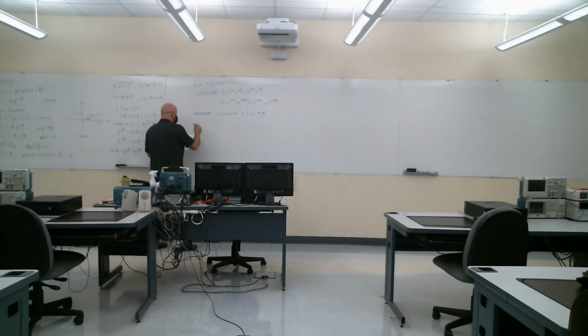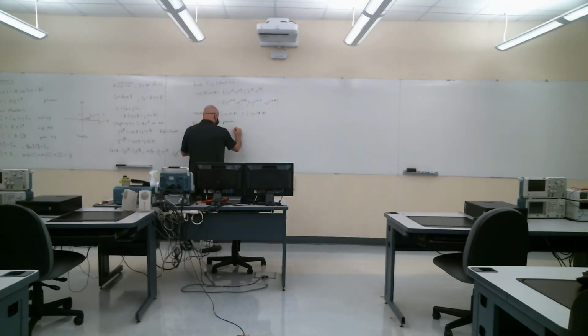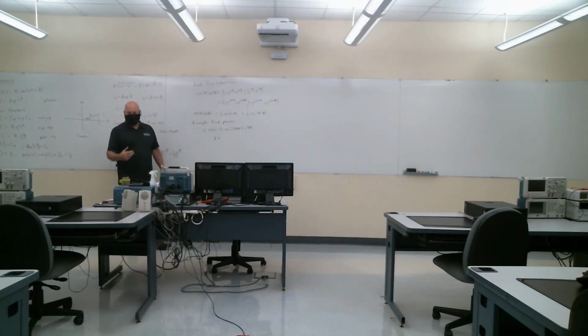Okay, so let's do some examples here. I'm going to ask you to find the phasors. So v of t is equal to 5 cosine of 200 pi t plus 30 degrees. Okay, so typically books will differ in representation here.